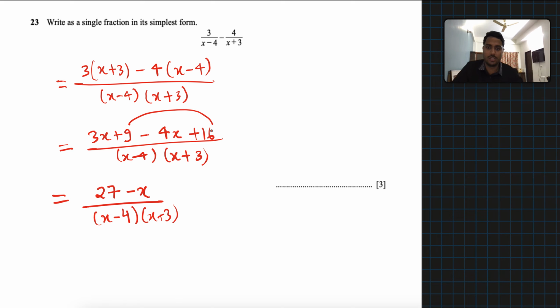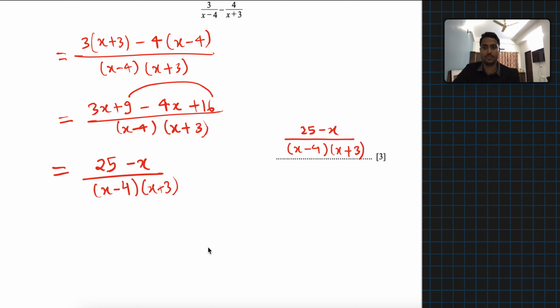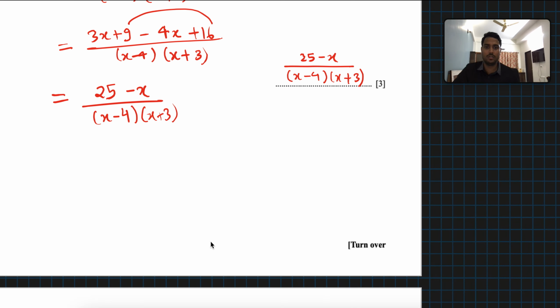Let me check this once again. 16, so this is going to be 25, not 27. Yeah, 15 plus 10, 25. 25 minus x whole divided by x minus 4 and x plus 3. So yeah, this is going to be the answer.